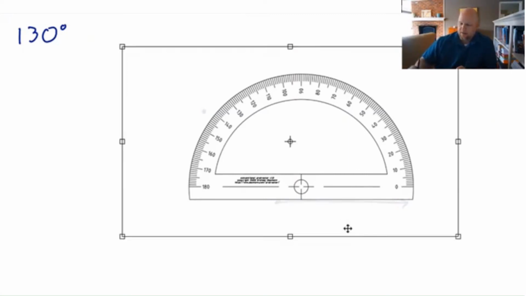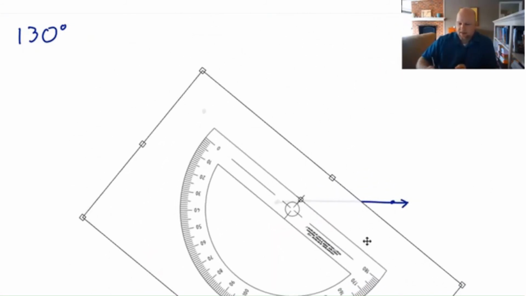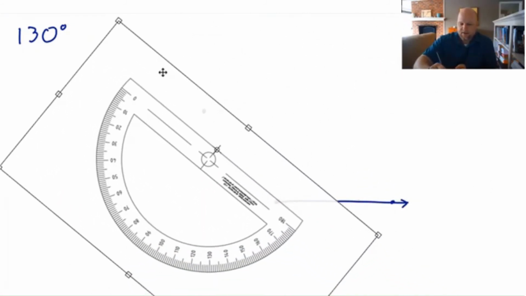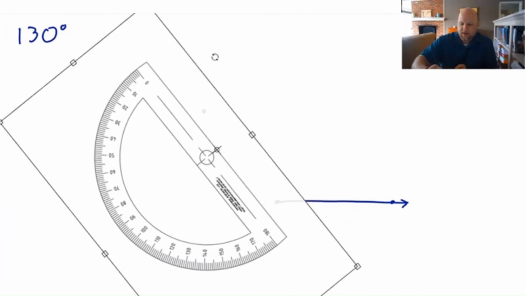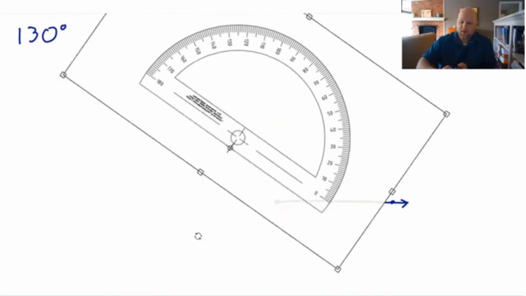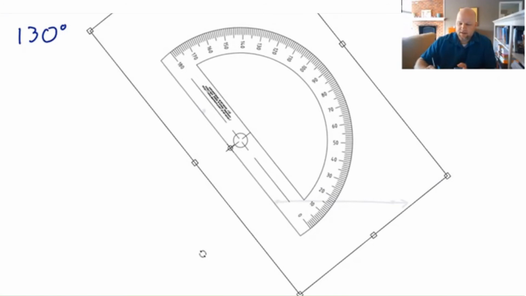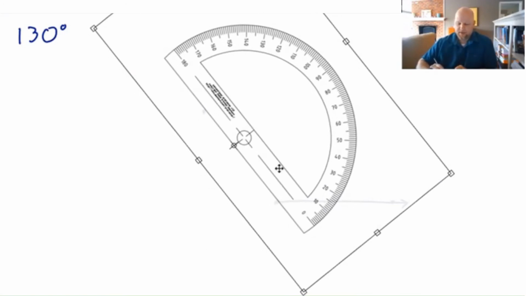Now, let me move this down here. Now we take this and we spin this all the way around so that we can line it up with this one. And you know, we can spin it all the way around the opposite direction too, and place it that way. It really doesn't matter.